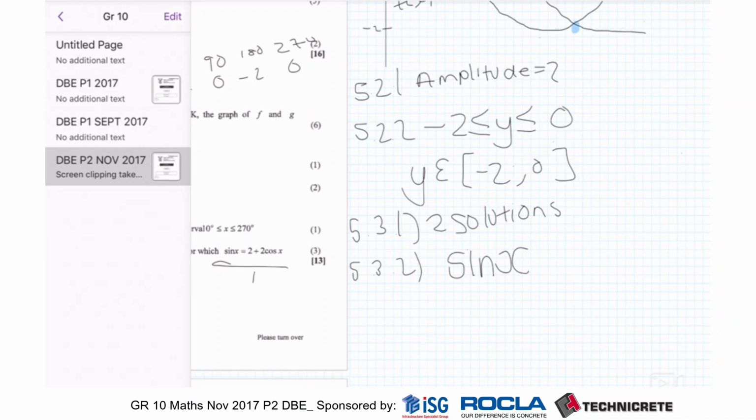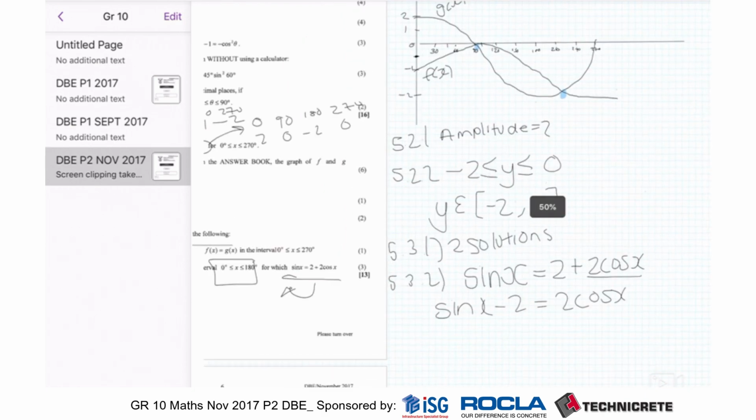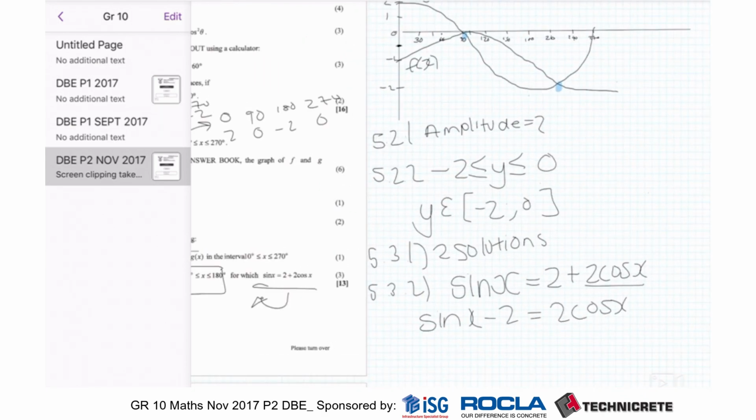I'm taking the 2 to the other side because that makes more sense to me. The graph that we currently drew was sine x minus 1. They are asking for which values of x would sine x be equal to 2 plus 2 cos x. We did draw 2 cos x, that is what we have, but we don't just have sine x. So I'm going to manipulate it so it's sine x minus 2, which is very easy to draw because it's the graph that we just drew, shifted 1 unit down.